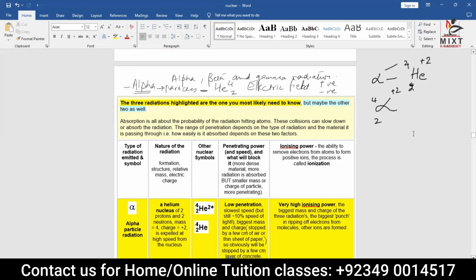Now write their representation. One, you can put mass number on the top and atomic number at the bottom, or you can do the same thing here, 4 here, 2 here, plus 2 like this. But mostly the books are writing in that way. These are the representations, so write them, please.